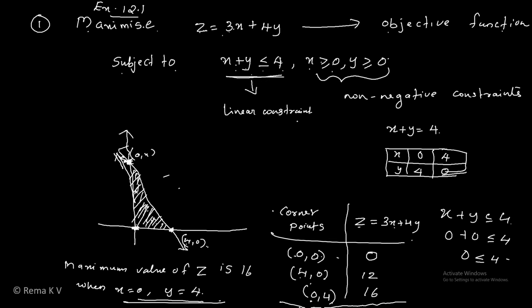And then find the corner points. Find the value of the objective function at the corner points. The maximum value gives the maximum of z and the minimum value is the minimum of z. And you have to write the value of x and y at that point.